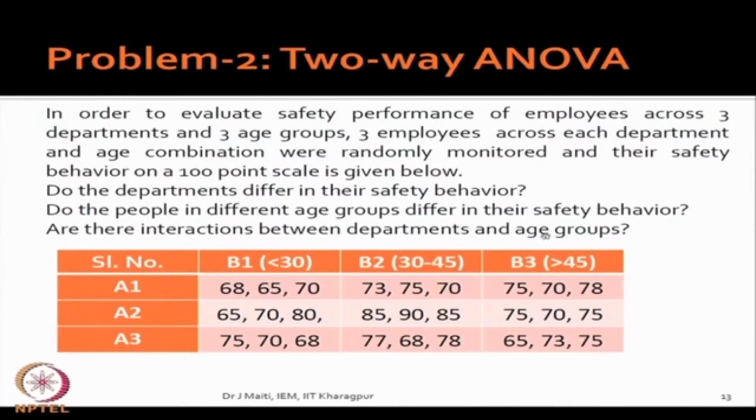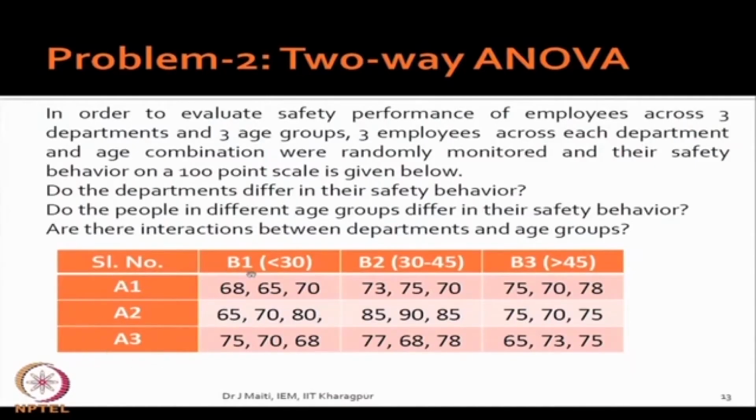Getting me? Now, if your query is only the first one and you do not consider age an important factor, then it is only one-way ANOVA, what we have done earlier. But we are saying that it is not only the department, which talks about the working condition, but also people's behavior, expertise and thinking, that is not coming under department.